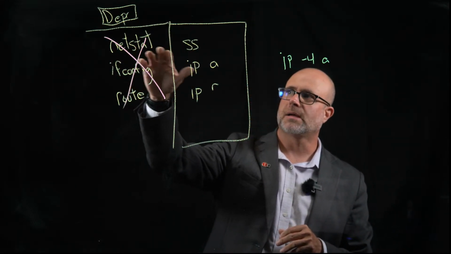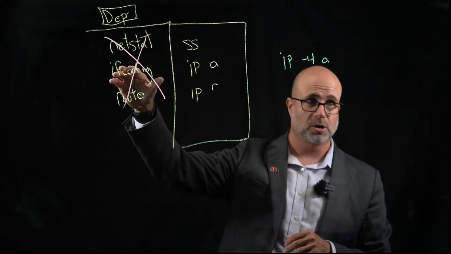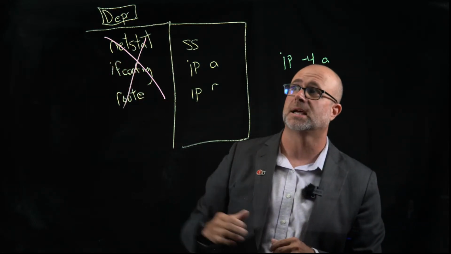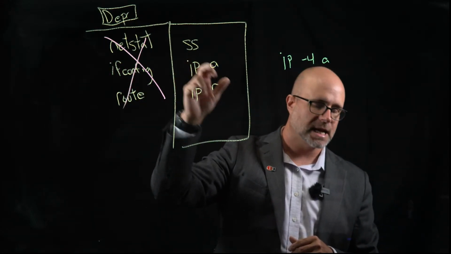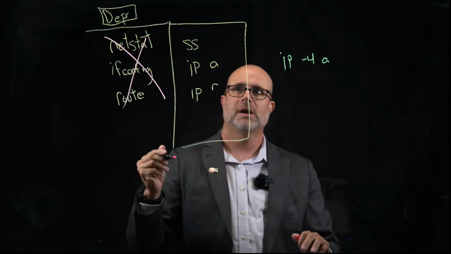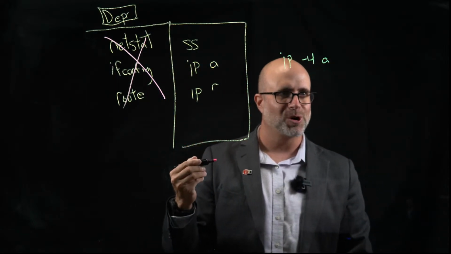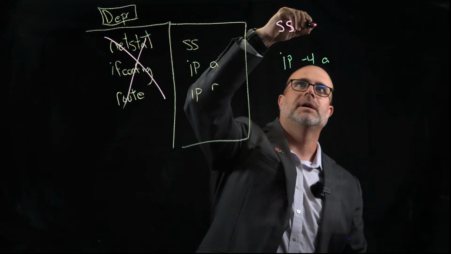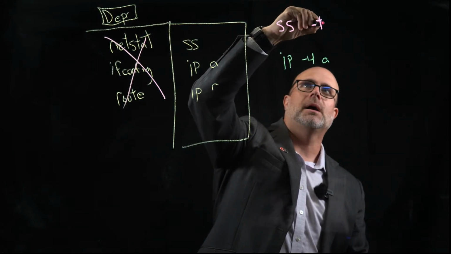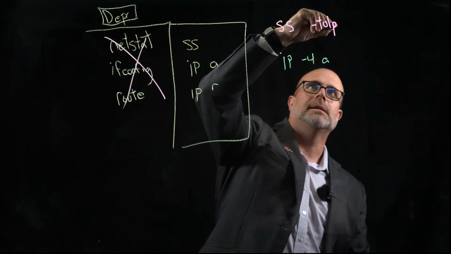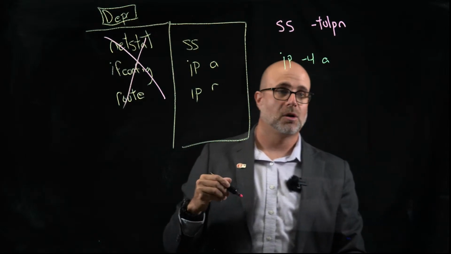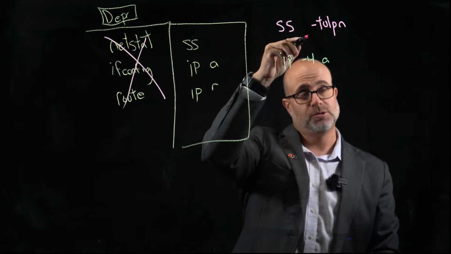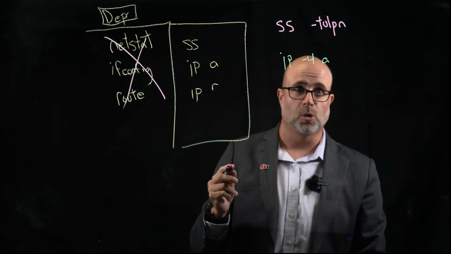So when you're looking at port information, don't try to use netstat anymore, especially on CentOS 8. It won't even work. You have to use ss. And what I always use to find good port information, I always remember it like this: ss -tulpn. This is how Red Hat will teach you to look at open ports as well.